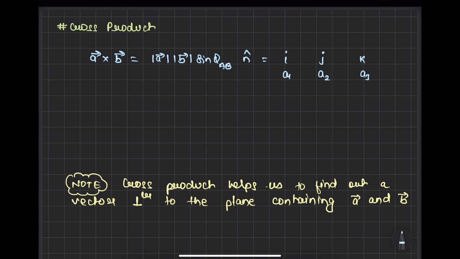So this gives you the components of vector a. Similarly, you write down the components of vector b: b1, b2, b3, and then take the determinant. The determinant of this will give you a vector perpendicular to the plane containing vector a and vector b.